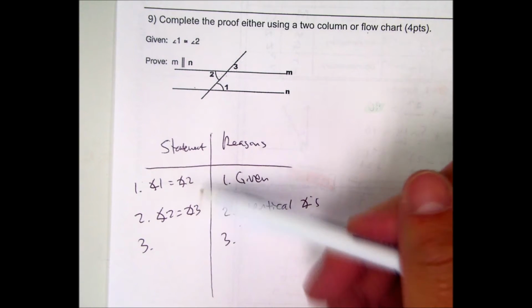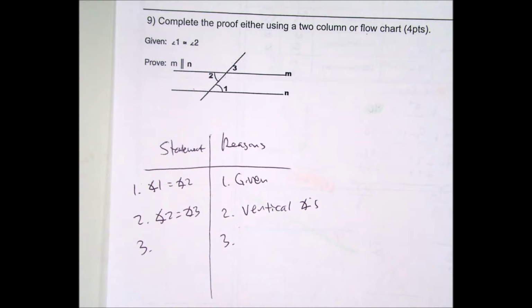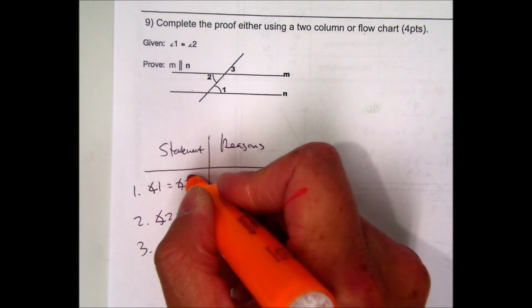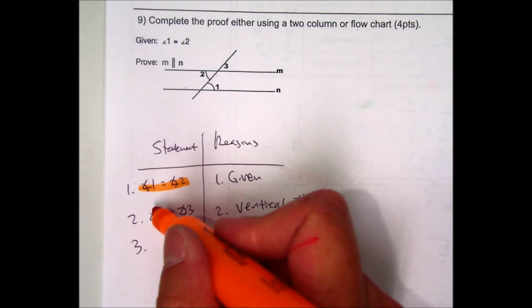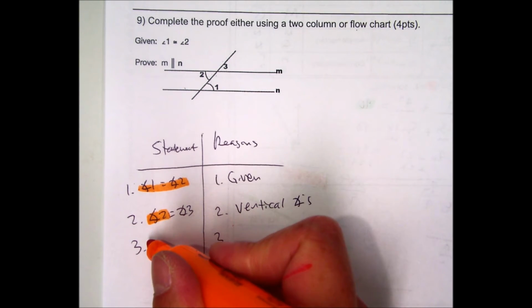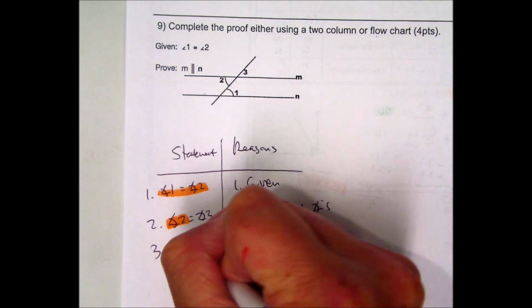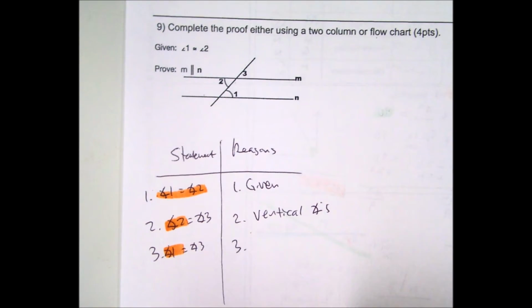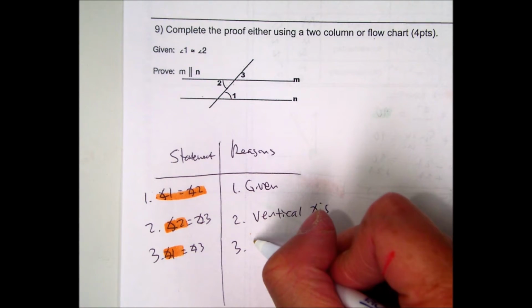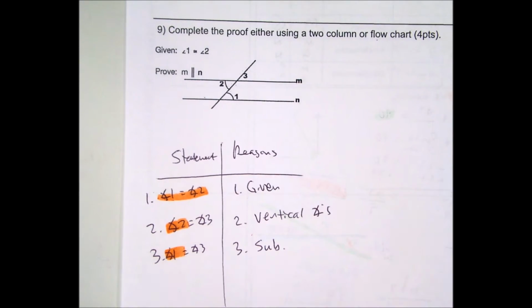Class, do you see anything that's the same over here? The 2's. Every time you see 2, write 1. I see a 2 here. What am I going to write in that statement? 1. 1 is equal to 3. What did you just do? You did a substitution.